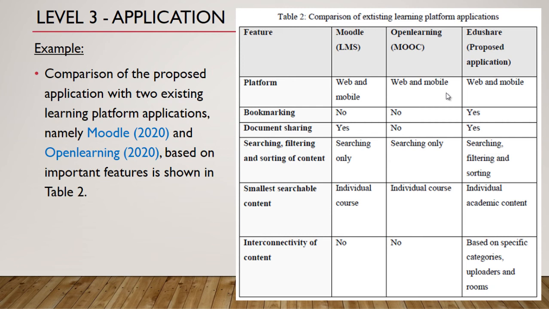Sometimes the mistake that we see students make is that the comparison has not been done by the student himself, but the student finds a comparison done by someone else. Sometimes the student takes the table done by other people and puts it here.